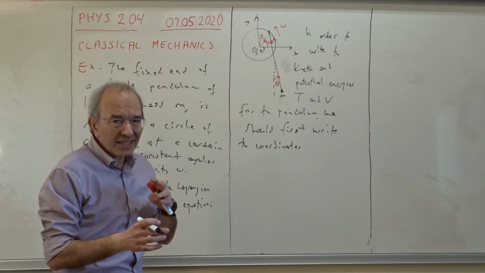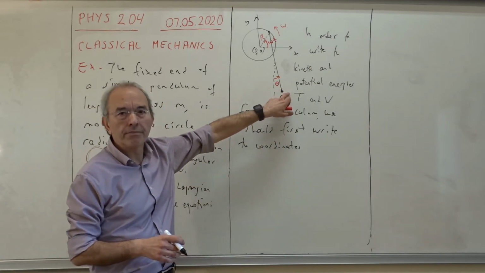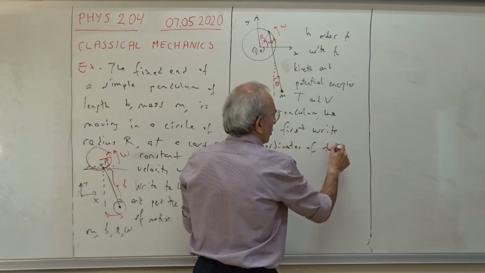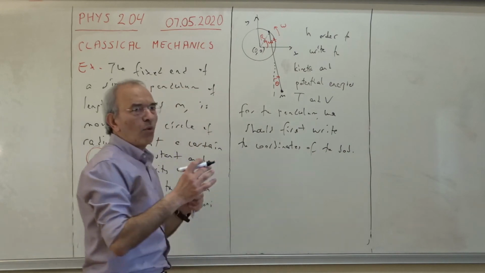So we only talk about the kinetic and potential energies of the ball of the pendulum. Write the coordinates of the ball, x and y.